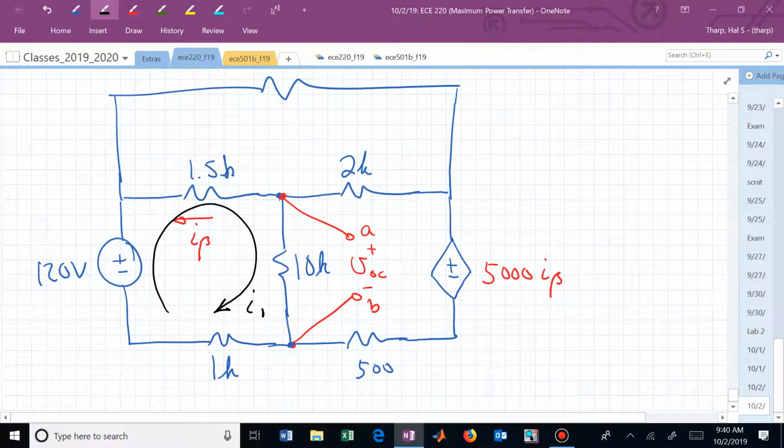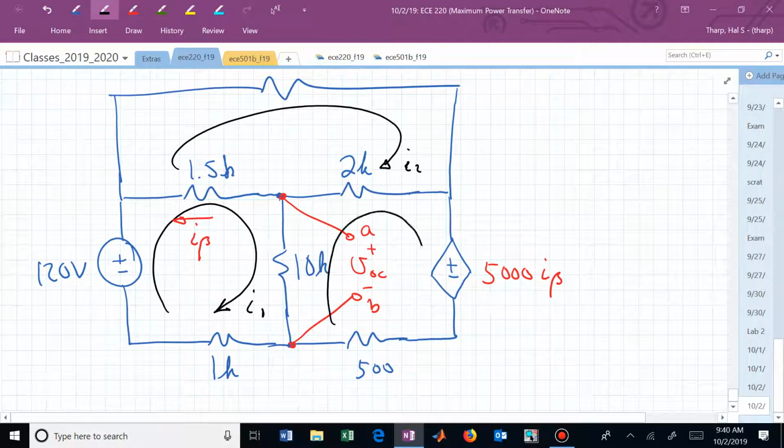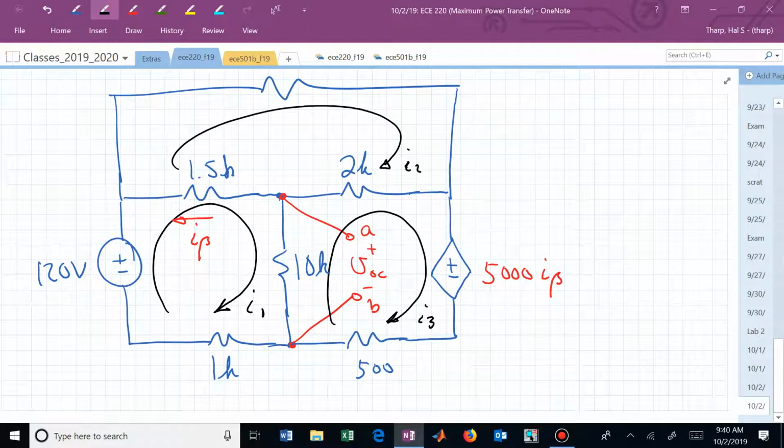Here is mesh current 1, mesh current 2, and mesh current 3. If I find I1, I2, and I3, am I going to be able to calculate my open circuit or my Thevenin voltage? What is VOC?